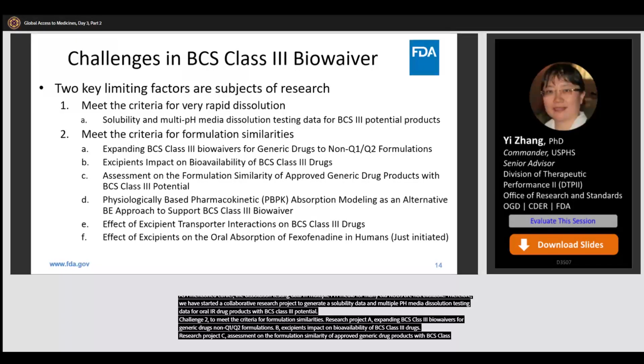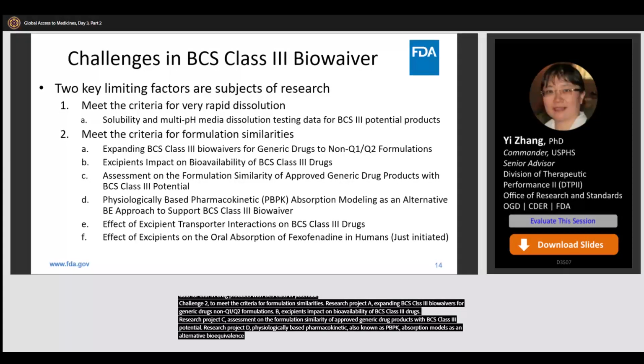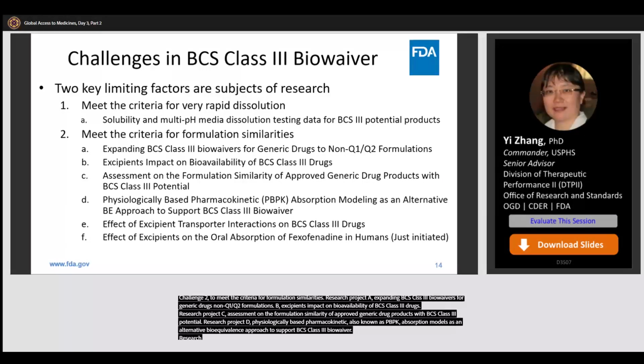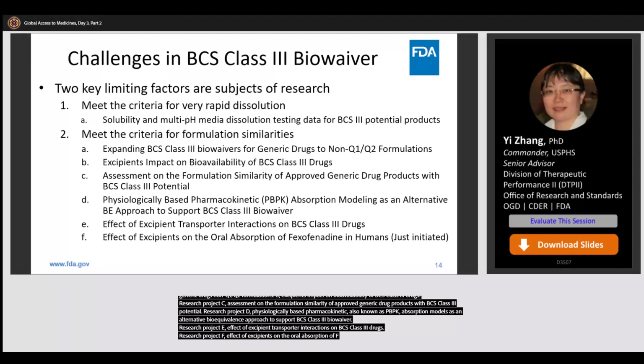Research Project D: physiologically based pharmacokinetic, also known as PBPK, absorption modeling as an alternative bioequivalence approach to support BCS Class 3 biowaiver. Research Project E: effect of excipient transporter interactions on BCS Class 3 drugs. Research Project F: effect of excipients on the oral absorption of fexofenadine in humans.